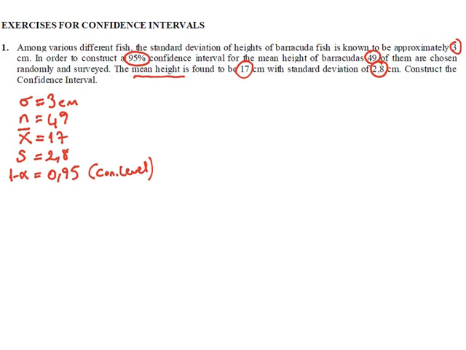Because confidence interval of the mean height, actually it's written here, in order to construct a confidence interval for the mean height of barracudas. Okay, so it's about mu. So we will look for confidence interval for population mean mu.